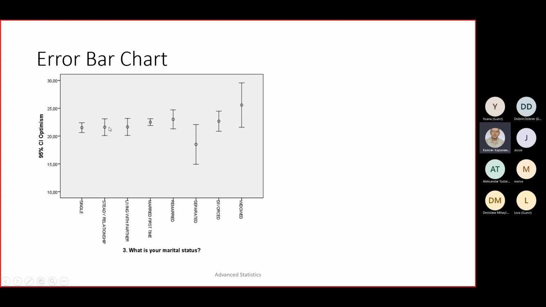Also, for the groups of steady relationship and living with partner, again, the difference between means is smaller than the errors, and so on and so on.